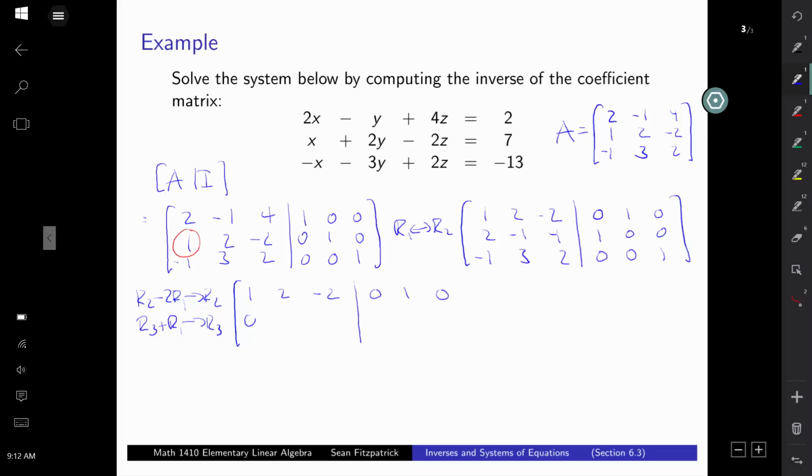So I'm going to get 0, minus 1 minus 4, I get minus 5. 4 plus 4, I get 8. 1 minus 2, minus 1. And now we do row 3 plus row 1. So 0, 5, 0, and then 0, 1, 1.